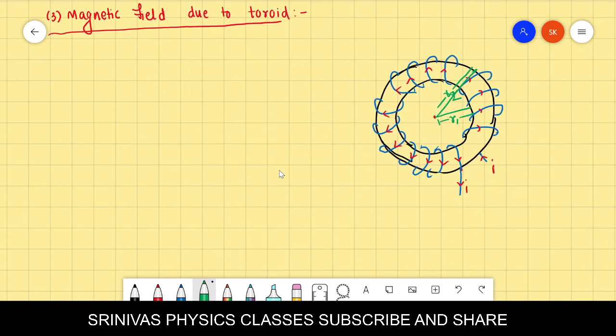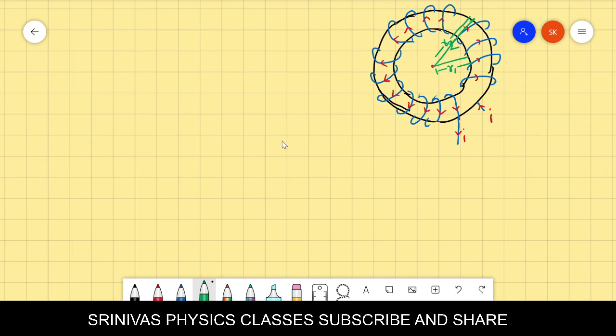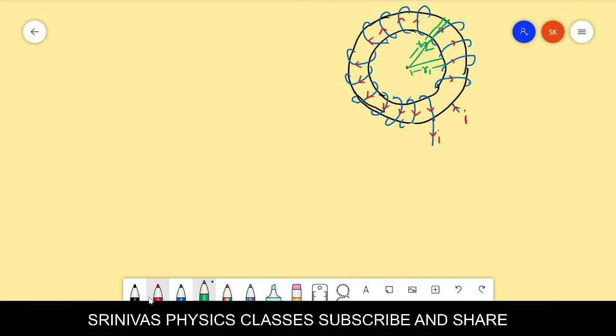Further, first we have to draw one more circle here. Magnetic field due to toroid I am going to derive. The current is coming out from this point and entering into this point.